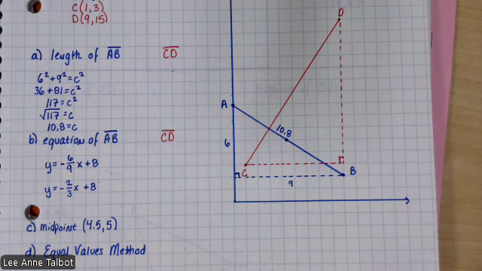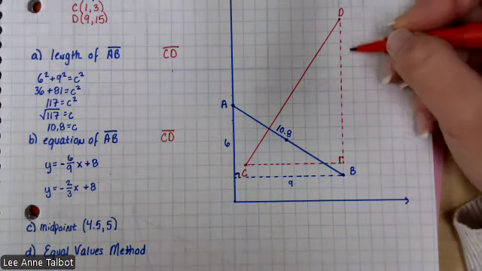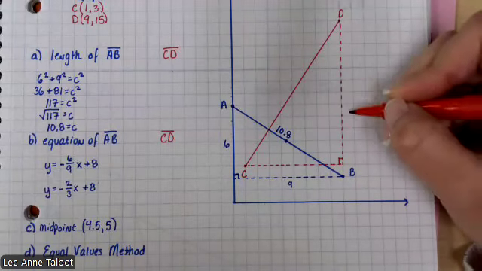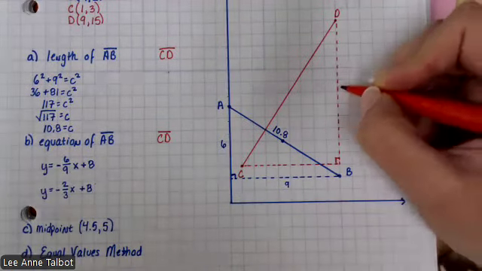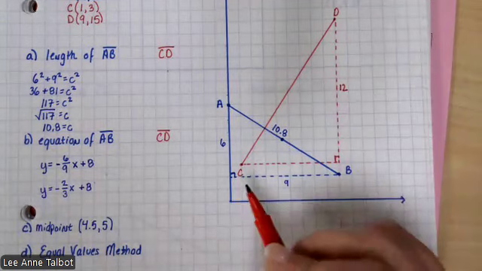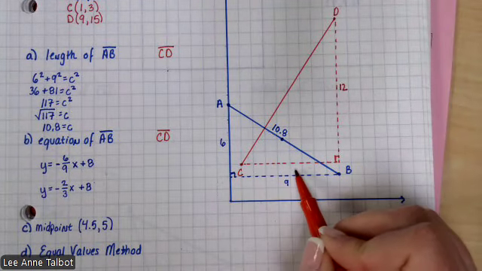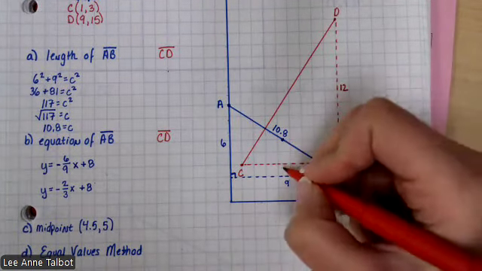Okay, so I made a right triangle. Now I'm going to count the boxes. 1, 2, 3, 4, 5, 6, 7, 8, 9, 10, 11, 12 on the height. 1, 2, 3, 4, 5, 6, 7, 8 on the base.